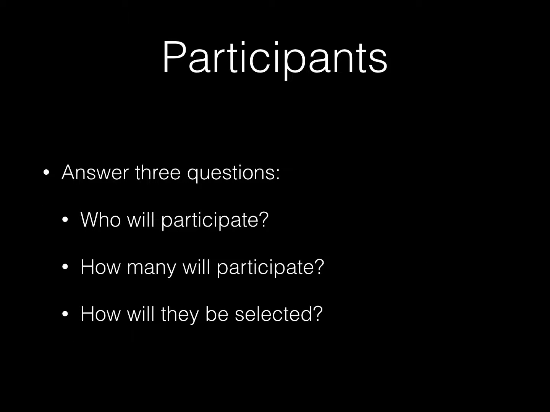So part 2 of the methods section is talking about participants. In this subsection, you'll answer 3 questions. Who will participate, how many will participate, and how will they be selected?